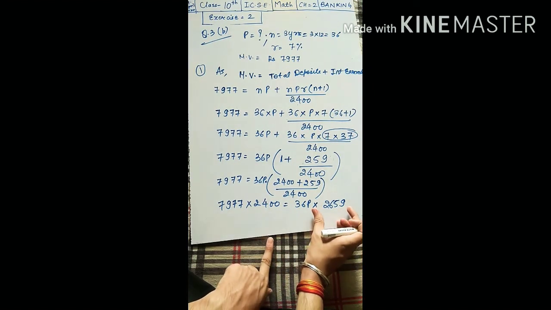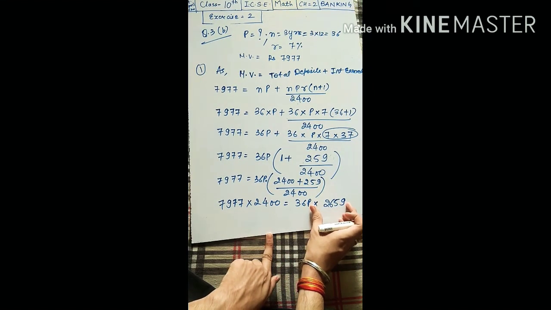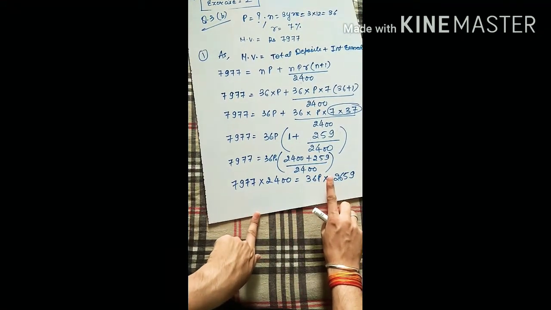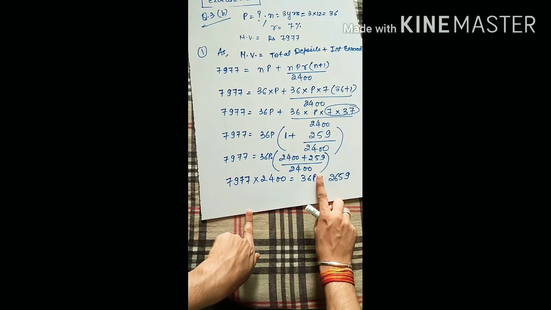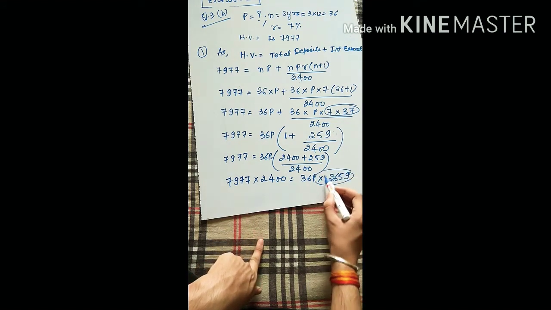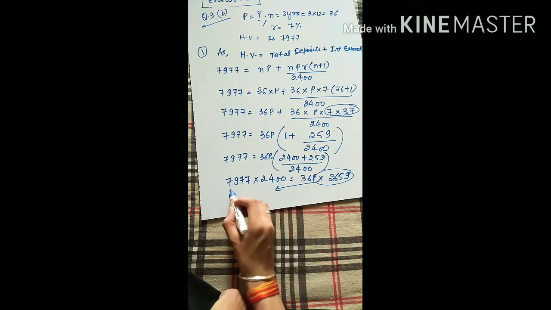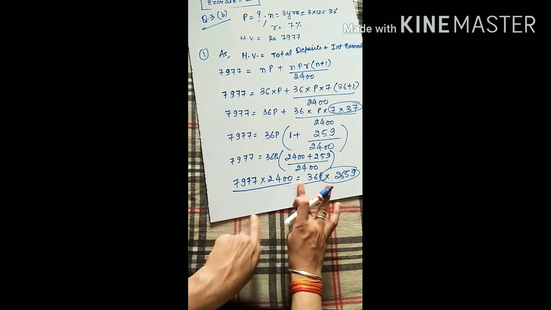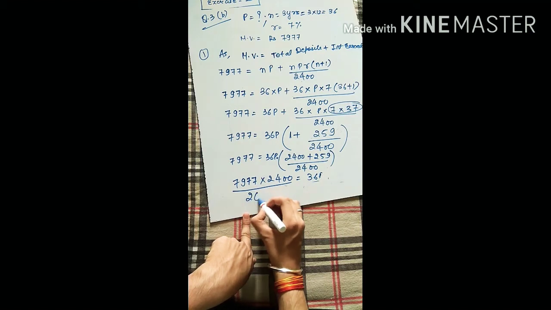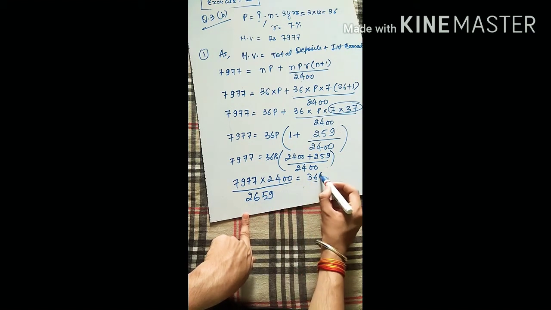When it comes here, it will be in the denominator. So this multiplication will go in the denominator here, so it will be 2659.